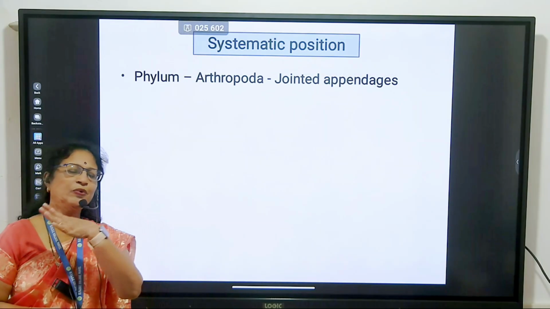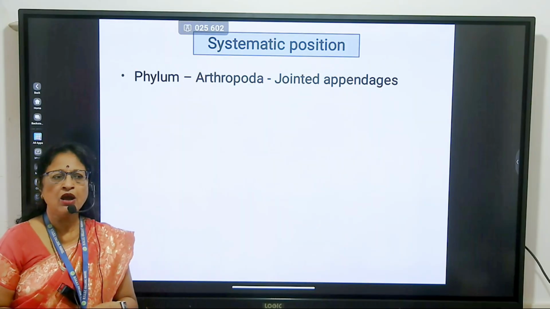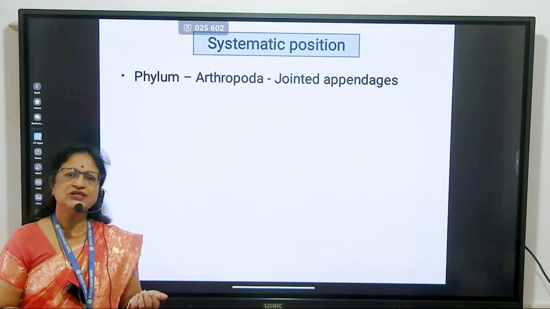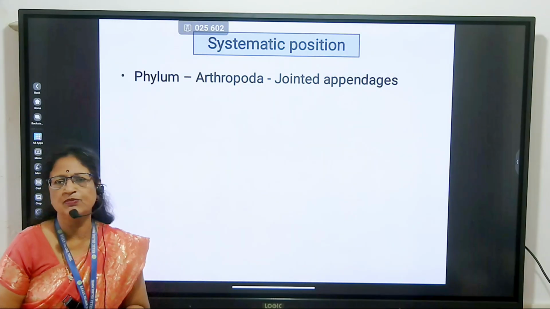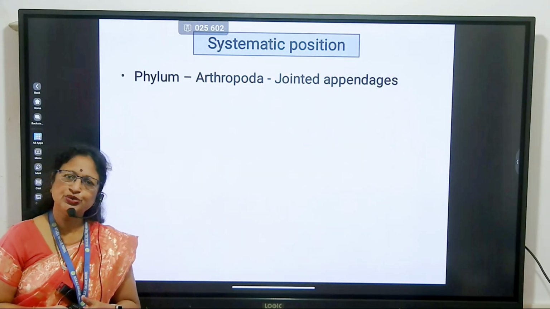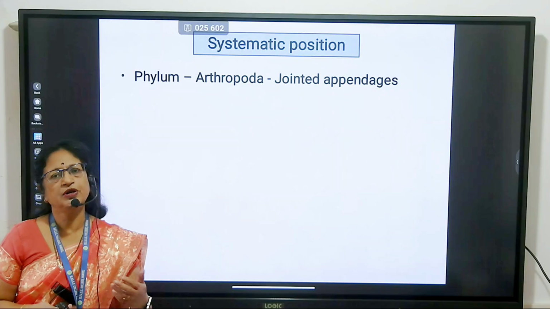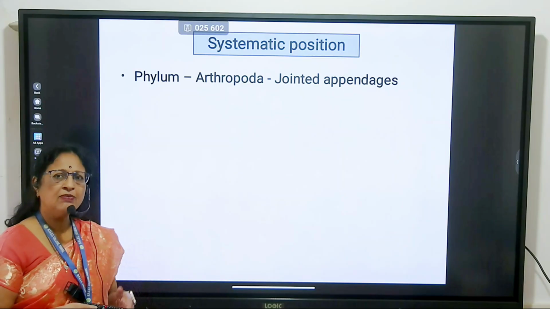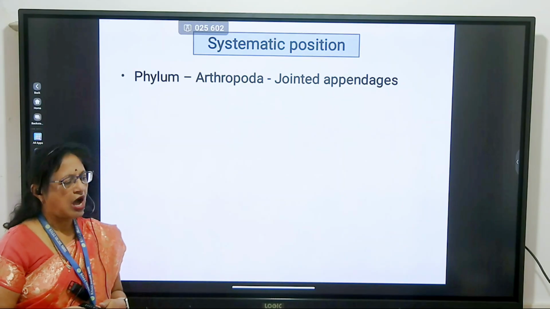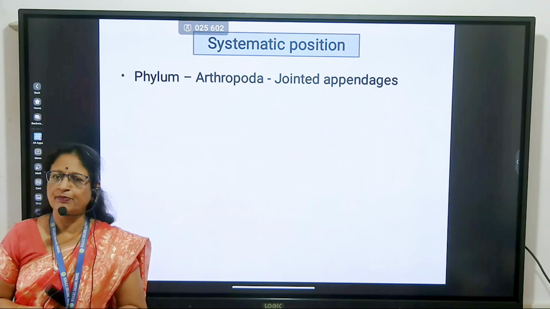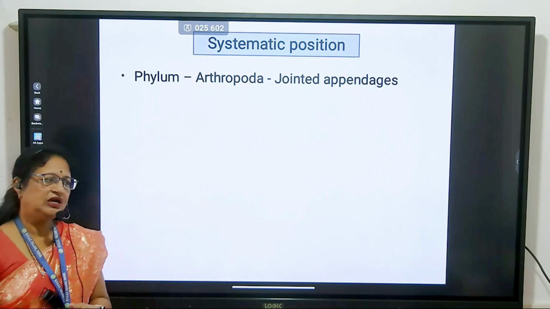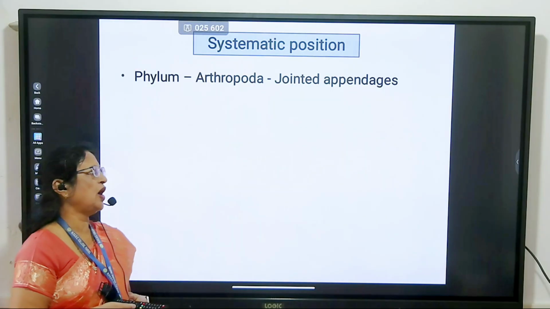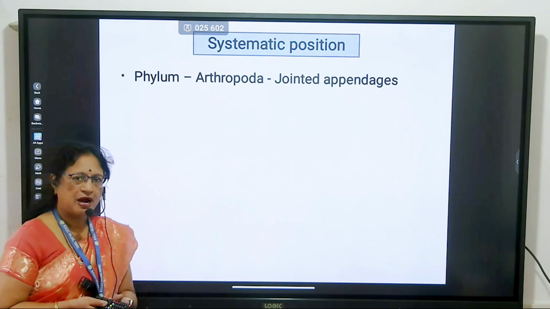The kingdom of the cockroach is Animalia because cockroaches show the characteristic features of all animals, that is, a heterotrophic mode of nutrition. The phylum is Arthropoda. Arthro means jointed and poda means legs or appendages. So the reason for phylum Arthropoda is jointed appendages.